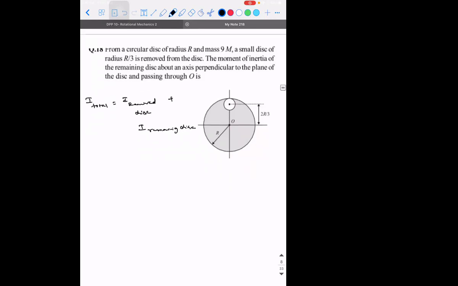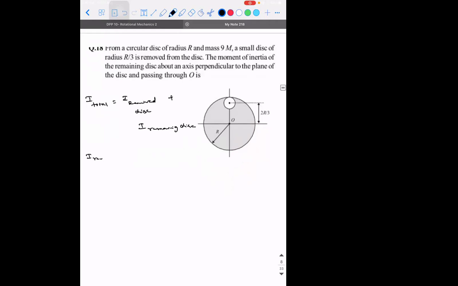So what is the moment of inertia of the removed disk about O? How do I calculate it? If I take the center of the removed disk as P, what is the moment of inertia of the disk about P?